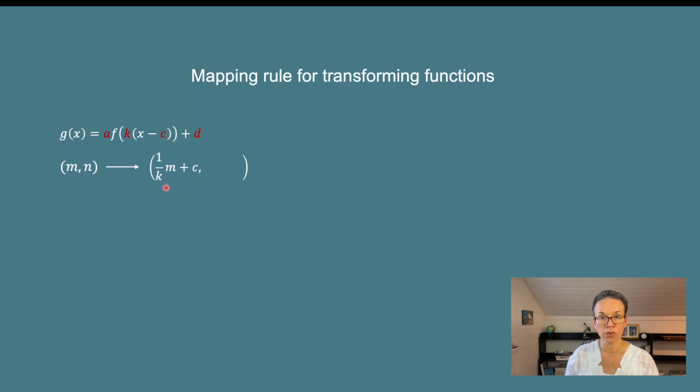This will give us over here the new x value. To obtain the new y value right here, we multiply a and n, and then we add d. And in this way, we obtain the point on the transformed graph. This is the entire point.